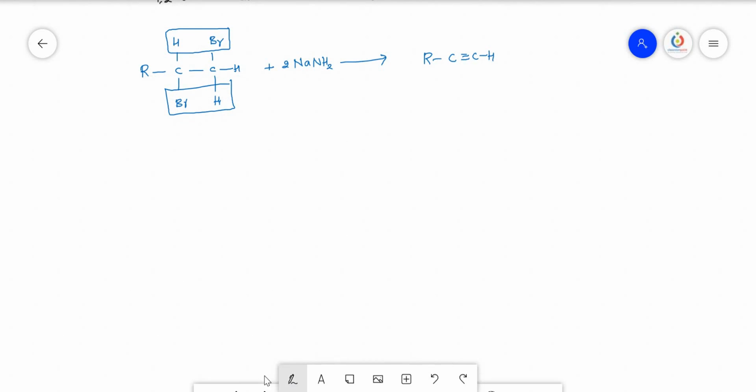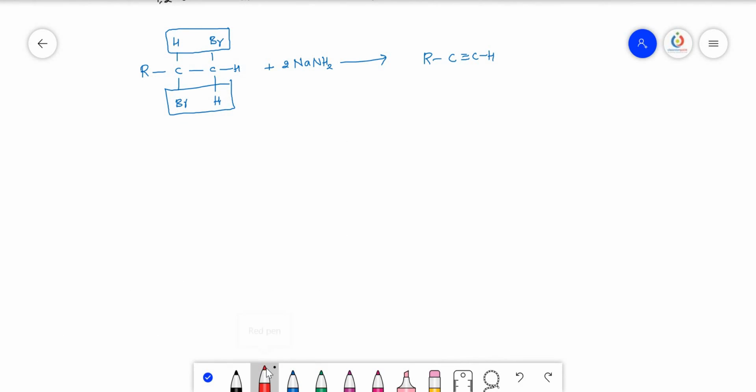Now let us see a small conversion, how to convert the alkene molecules to the alkyne molecules. So by this particular method, we can convert alkene to alkyne.